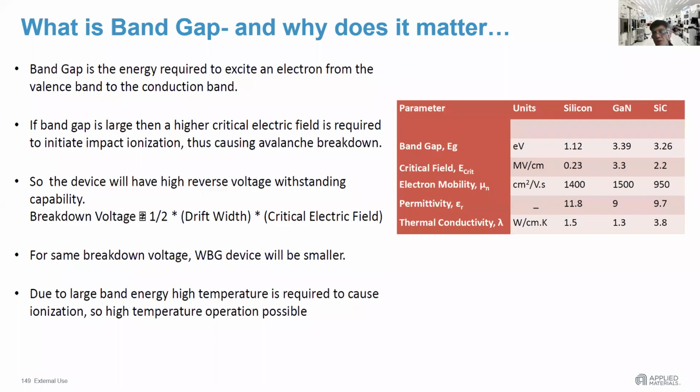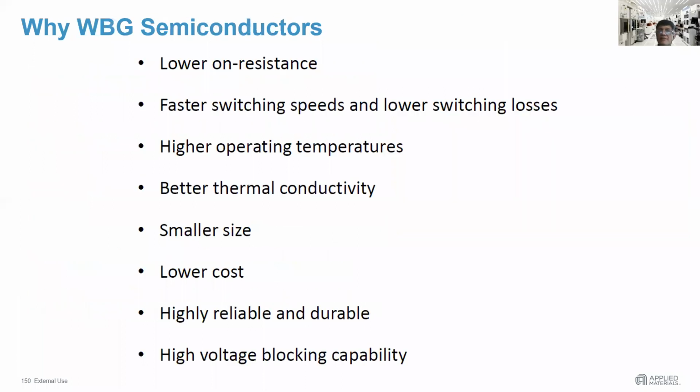Okay, they are smaller, they have better performance, withstand higher voltages, and it's reaching a stage where they may be more cost effective. So these are the reasons why wideband semiconductors will really have their position. Better thermal conductivity, higher thermal operating temperatures, smaller size, lower cost.